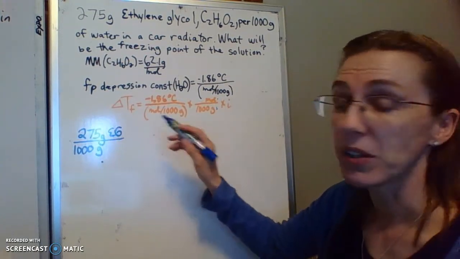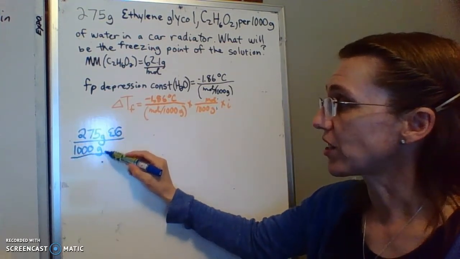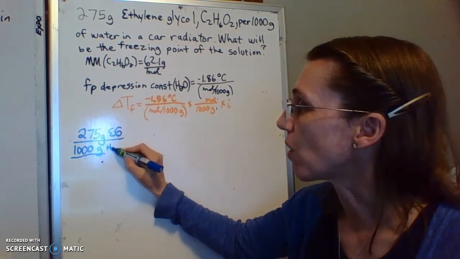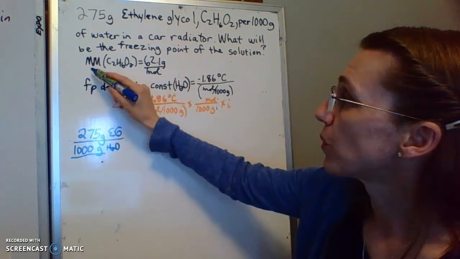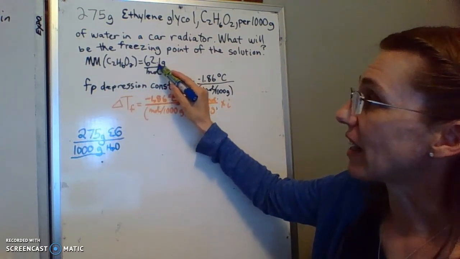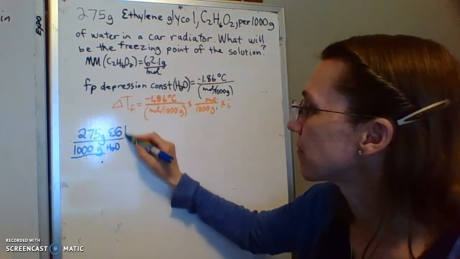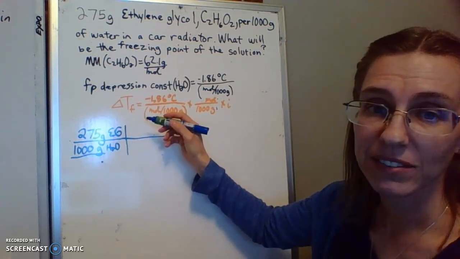So not a problem. We know how to change grams to moles. Remember, the amount of water we're not changing. We're only changing the ethylene glycol. Maybe I'll write down the water here so we'll remember not to change that one. So we were given the molecular mass of ethylene glycol. We can figure that out from our periodic table, but it was nice that it was given to us. We've got grams in the top, so where do grams have to be to cancel out?